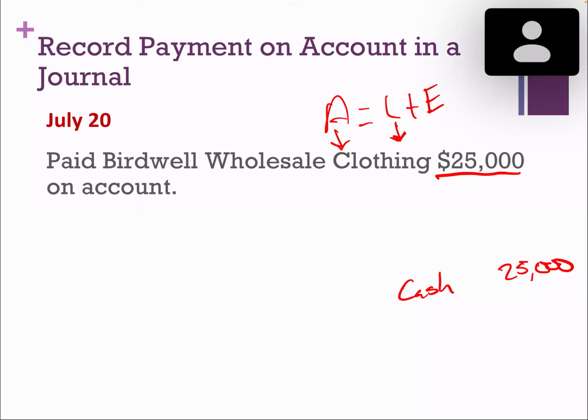Okay, and so you could just put liability here, or you could put we're reducing down accounts payable. That's a liability account from AEDLRC. So a liability to increase that account, you would credit it. Therefore, to decrease it, you would debit it. So that's why we're debiting it.